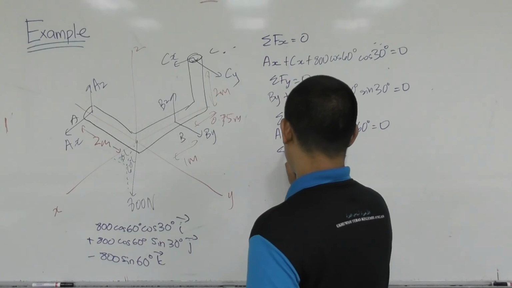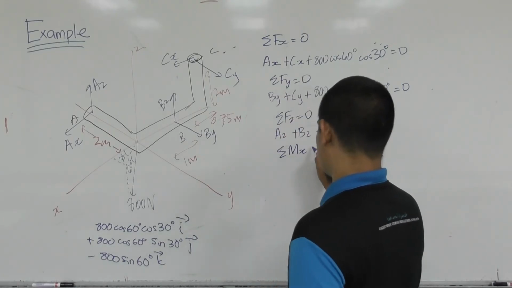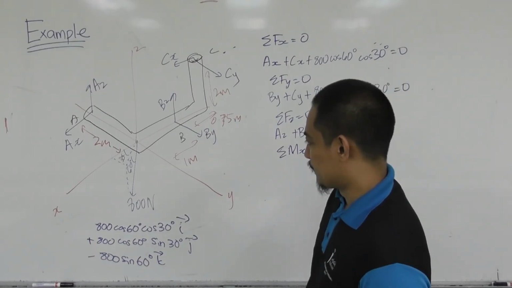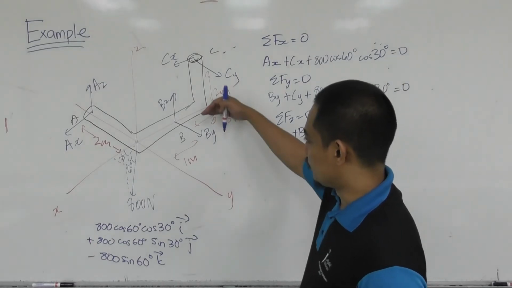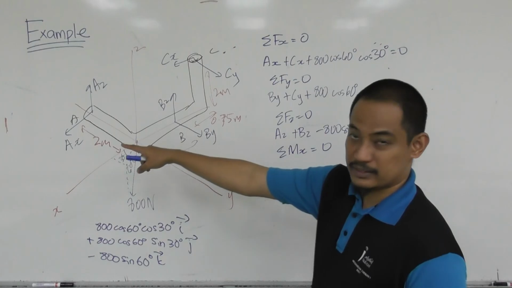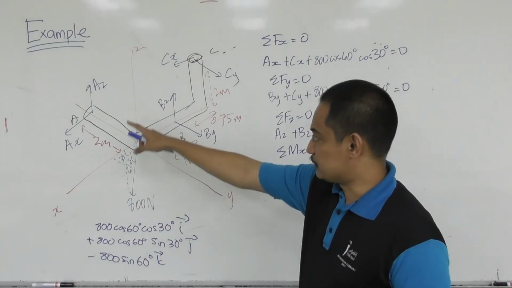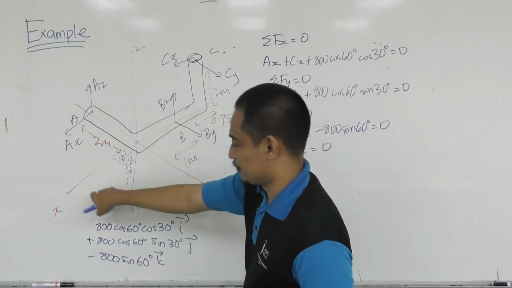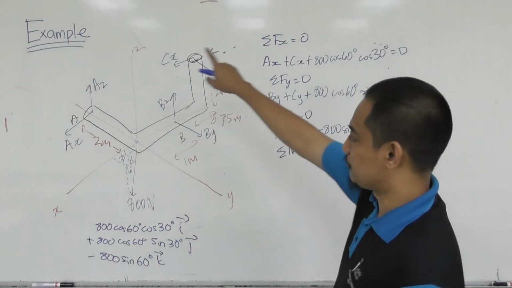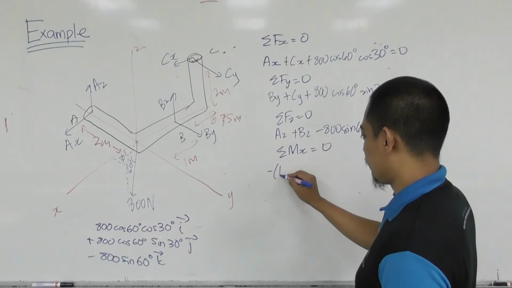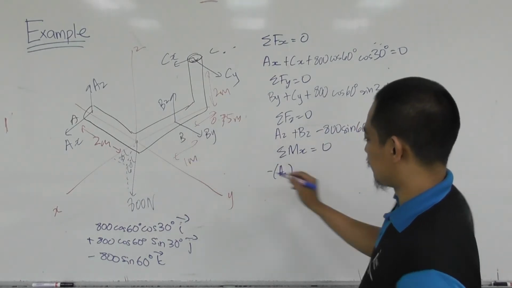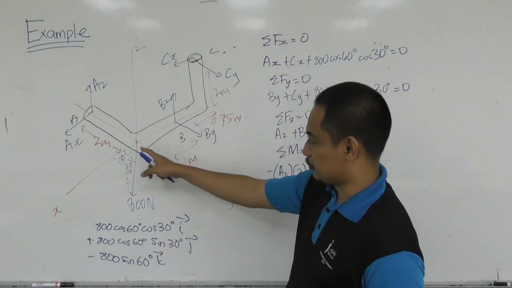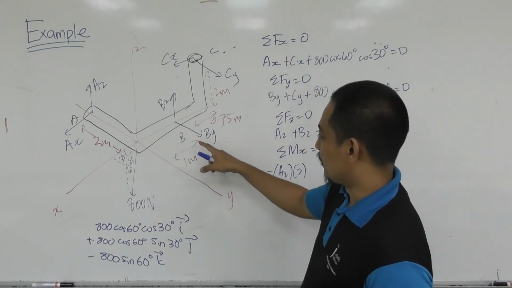So summation of moment about the x-axis equal to 0. Az doesn't produce any moment about x? Ax doesn't produce any moment, but Az produces a moment about x. It produces clockwise, so minus Az times a distance of 2. This one is at the origin, so it doesn't produce any moment about x.